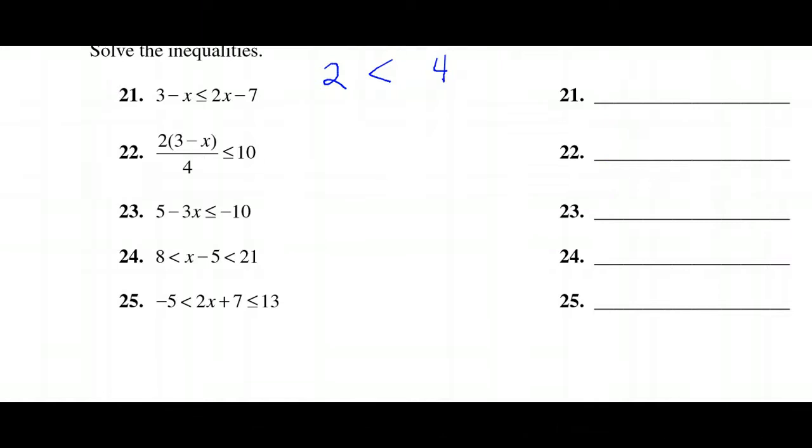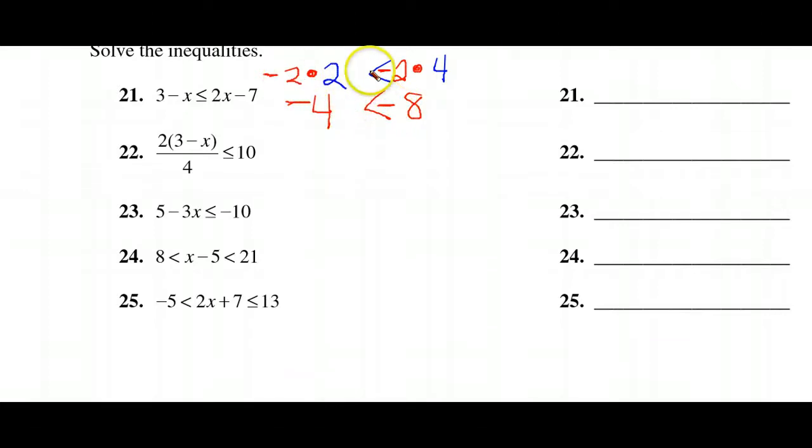And if we multiply that by a 2, this becomes 4 is less than 8. That is still true. But if this were a negative 2 that we're multiplying both sides of an inequality by, this then becomes a negative 4, and this becomes a negative 8. Now this is not true.